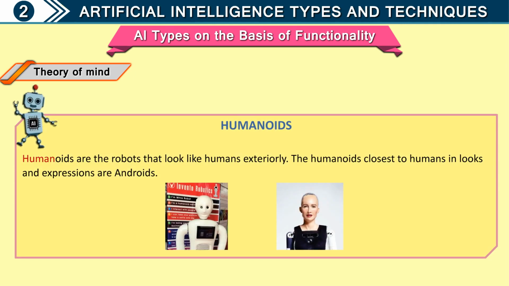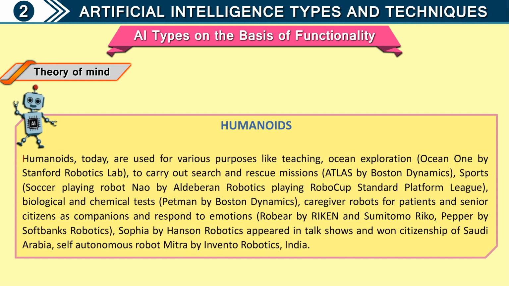Humanoids. Humanoids are robots that look like humans exteriorly. The humanoids closest to humans in looks and expressions are androids.